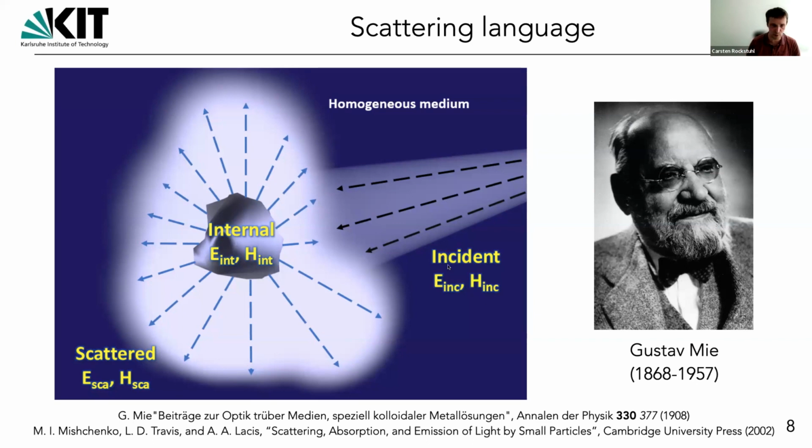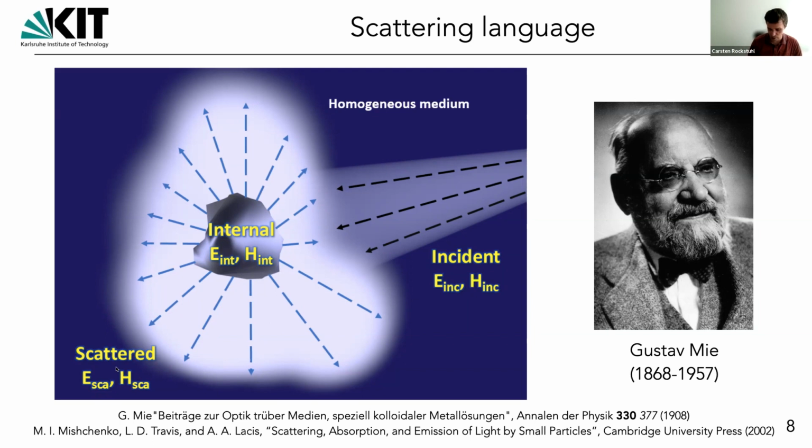What you're looking for in that sort of scattering theory is a solution for the scattered field in the outer region of the object of interest. Of course, we are also sometimes interested in the internal field that is excited within the structure. But for many purposes, when it comes to observable properties in the outer world, this internal field is of less interest. We can concentrate our discussion on the scattered field.